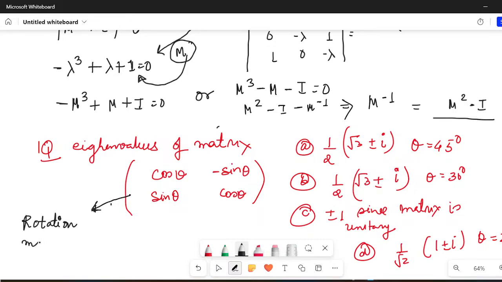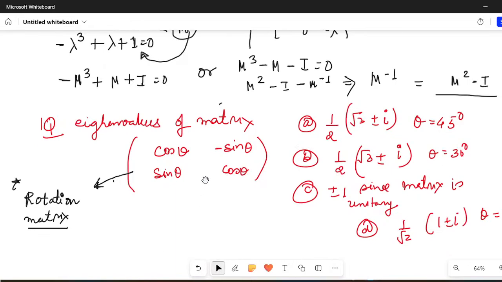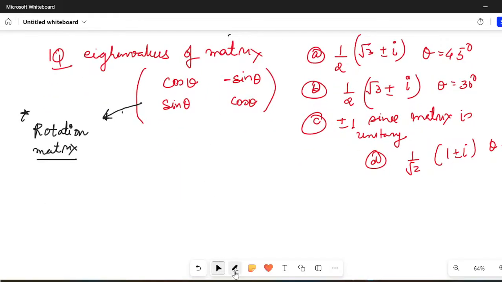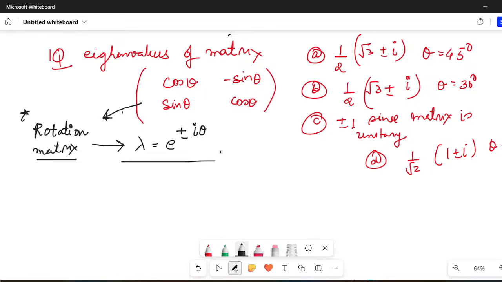And always remember, whenever I talk about a rotation matrix, let's say a 2 cross 2 matrix, I told you in the initial session that the eigenvalues are nothing but e raised to power plus minus iota theta.